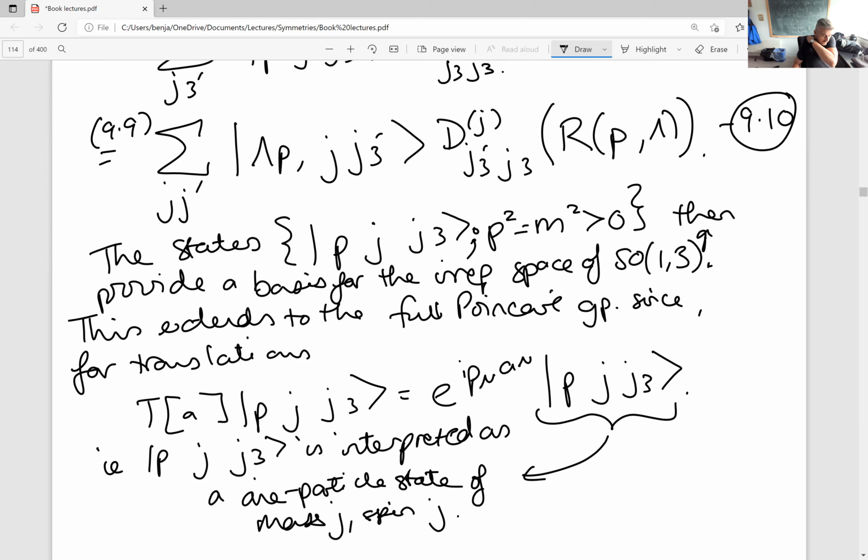Okay, good. So next time we're going to look at the massless representation case. As I said before, here the isometry group is different. It's not the case of three-dimensional rotation. What we actually get is the Euclidean group in a plane perpendicular to the direction of the photon, if that's the massless particle that we're considering.